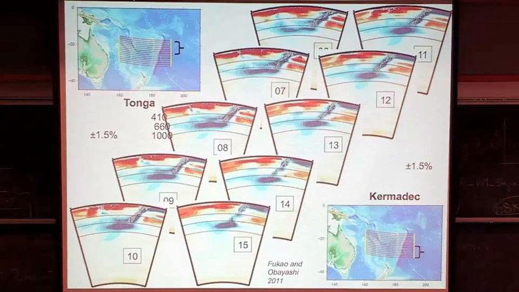This is sort of the main focus of this paper, which actually is not published yet. And this is the region where, in the global models that Adam was showing, there is also some anomaly below the 660 kilometer discontinuity. So there's good agreement.